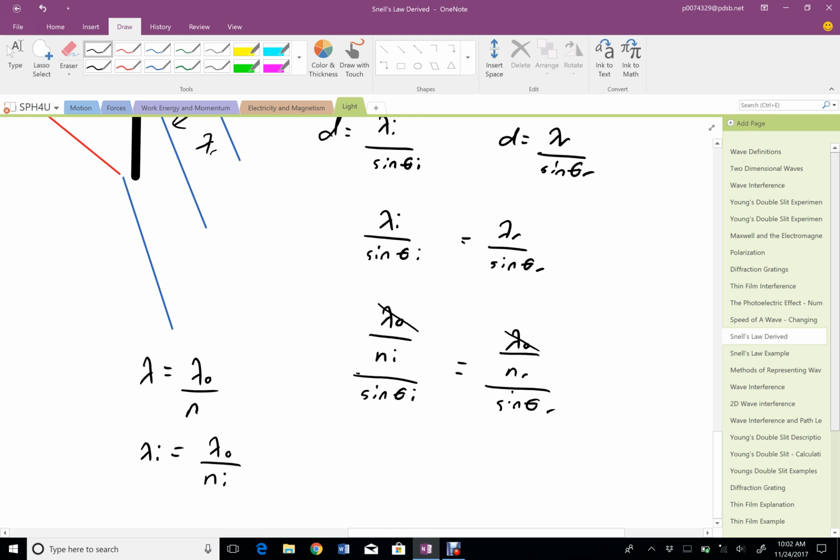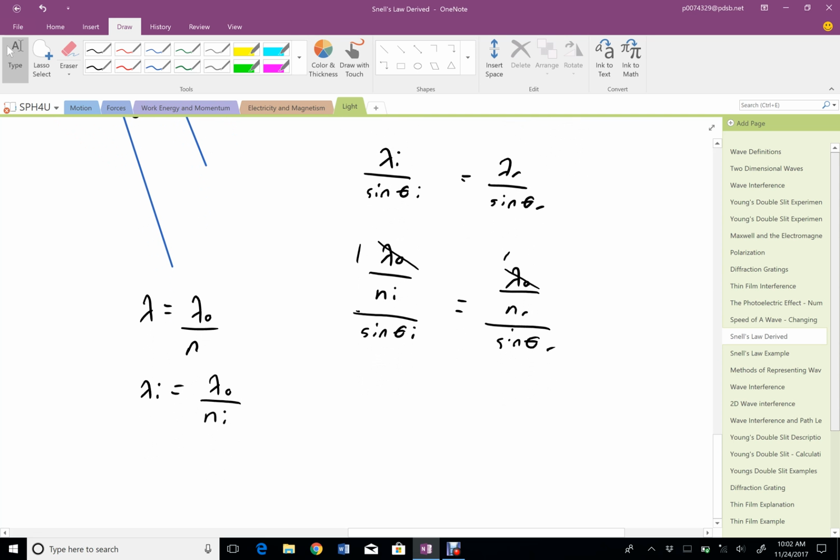Now these are both the same, so I can divide them out, assuming they're not 0, and I'll get 1 here. Then I can take this guy on the bottom and invert and multiply. So 1 on n_i times 1 on sine theta I is equal to 1 on n_r and 1 on sine theta r.